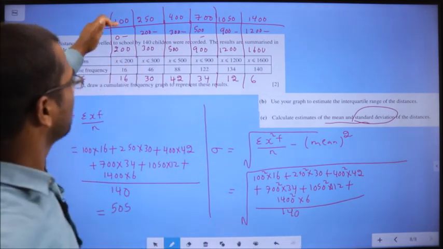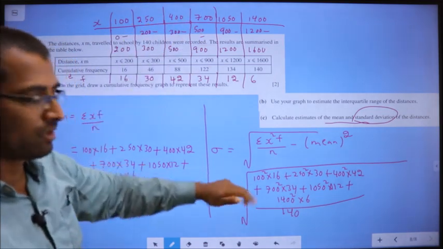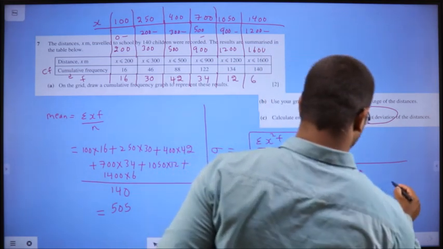Clear? X square into f, square this into this, square this into this, minus mean square, which we got it to be 505.